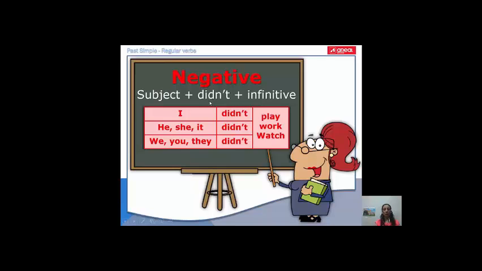So it becomes the short form didn't. Then we put the infinitive verb. I didn't play. He didn't work. We didn't watch. So we have the subject plus didn't plus the infinitive verb to make a negative sentence in the past simple tense.